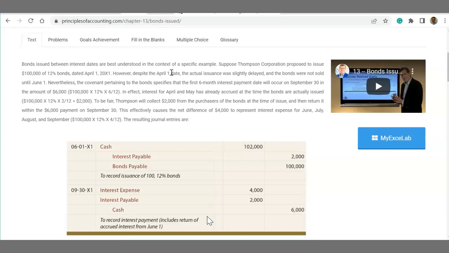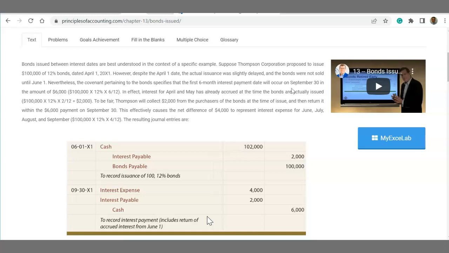However, despite the April 1st date, the actual issuance was slightly delayed and the bonds were not sold until June. April, May, June, yeah, 2 months later. Okay. Nevertheless, the covenant pertaining to the bonds specifies that the first 6 months interest payment date will occur on September 30th, no matter what, in the amount of $6,000.